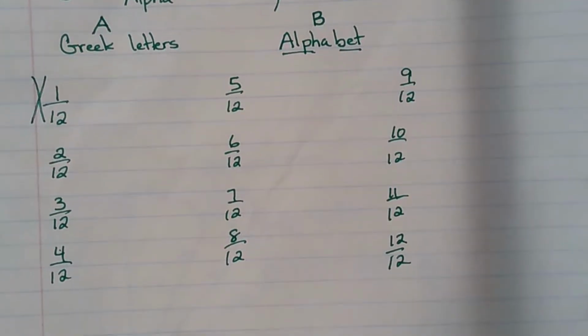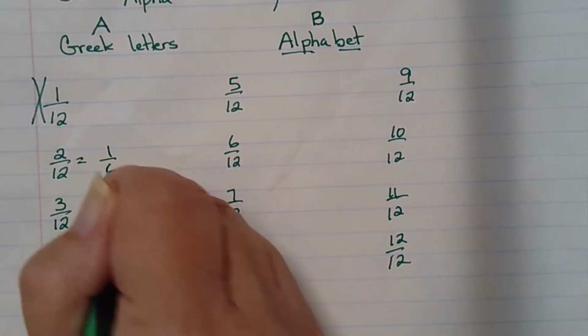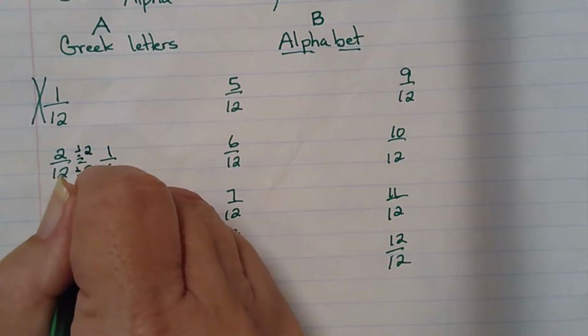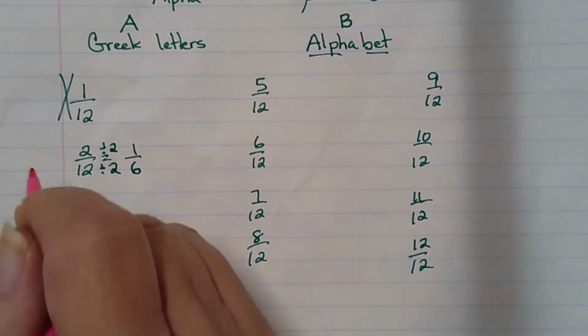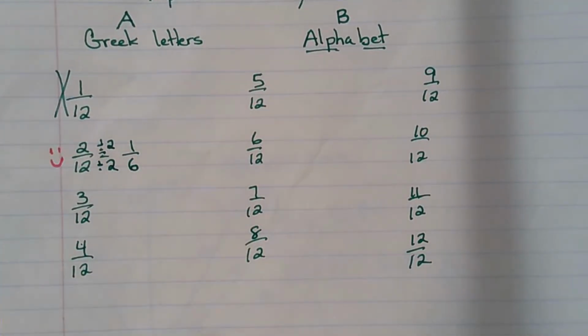What about 2/12? Can you simplify that? It simplifies to 1/6. If you're not that good at simplifying, remember you divide the numerator and the denominator by the greatest common factor. So is pi over 6 on our unit circle? Yes, so I'm going to put a smiley face. You can put a check mark or some other notation.